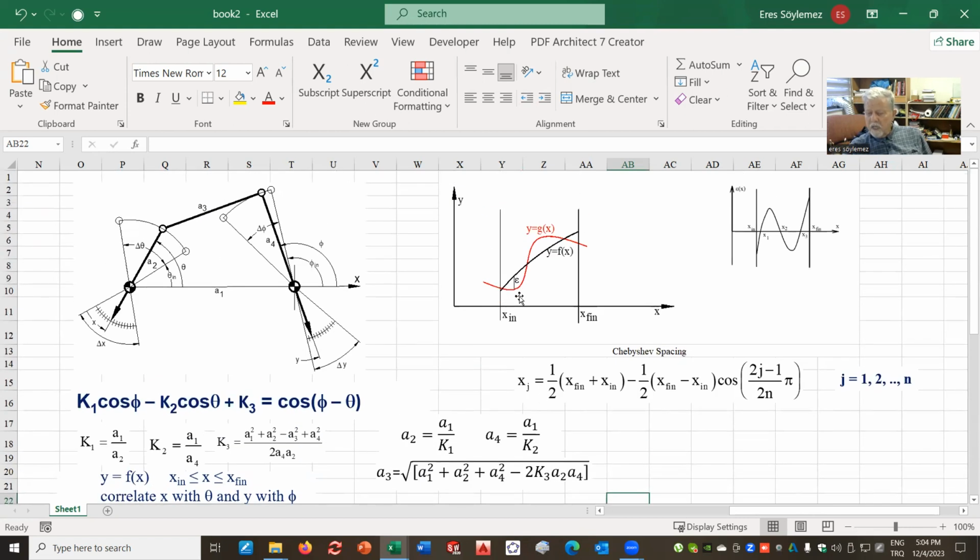At these points, you are going to have 0 error. But within the range, between x initial and x final, the required function and the generated function are going to be different. And there will be some error involved, which I will call epsilon.